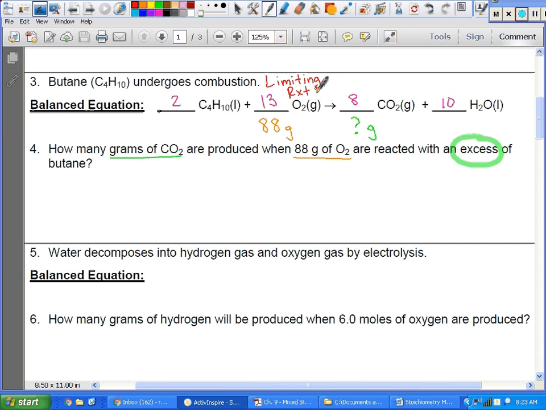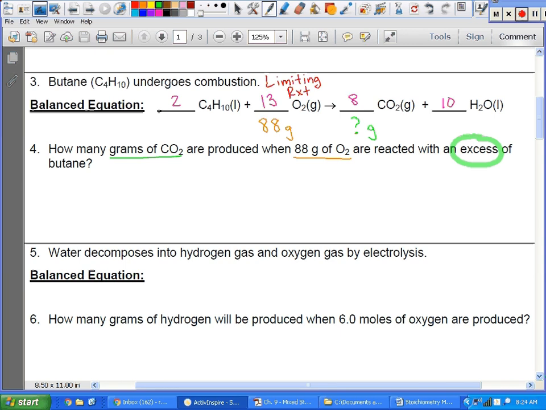Now, what is the difference between limiting and excess? Limiting, it runs out. So let's pretend that this weekend we were all going to get together and cook some hamburgers. If you don't like hamburgers, I'm sorry, we're only cooking hamburgers. So let's pretend that Dustin was in charge of getting the hamburger buns and I was in charge of getting the hamburger meat. But we did not communicate about how many we were going to cook.